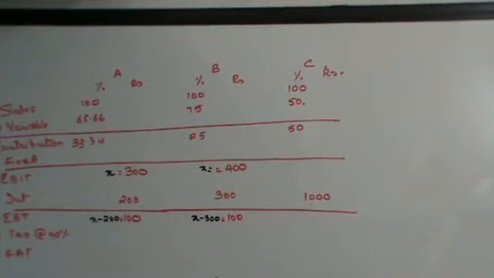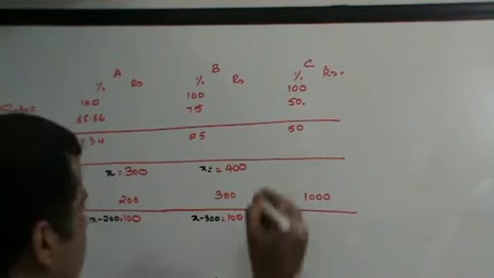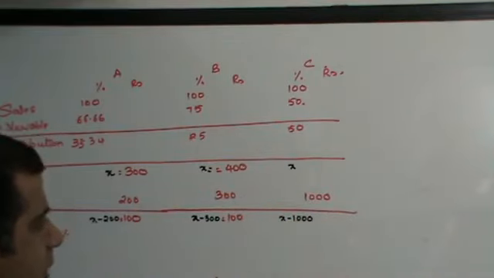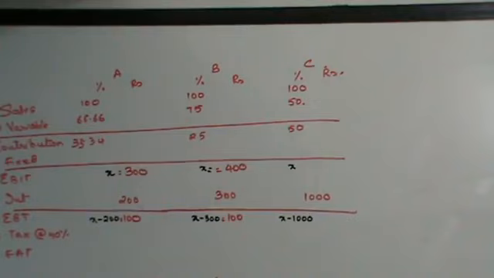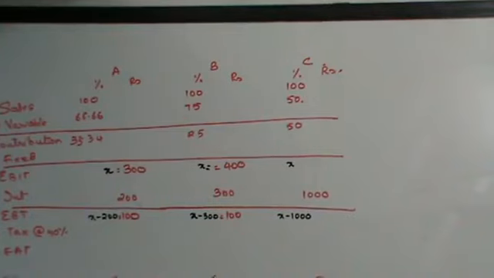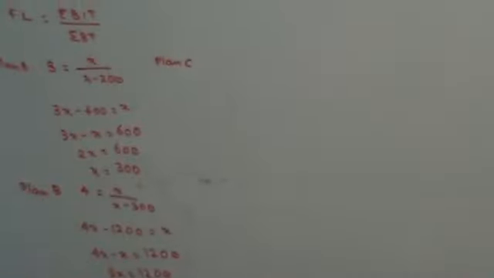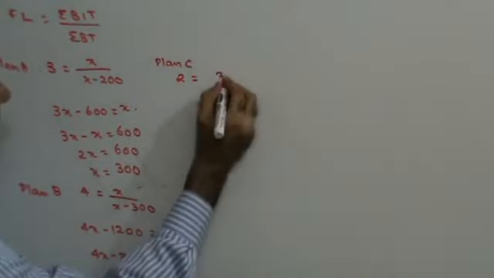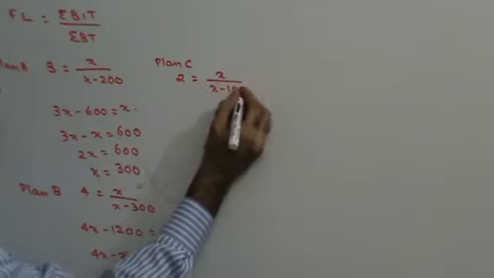Same thing I can do for plan C also. Assume this to be X. In that case, this will be X minus 1000. Now, let's work this for plan C. Financial leverage is 2, X upon X minus 1000.